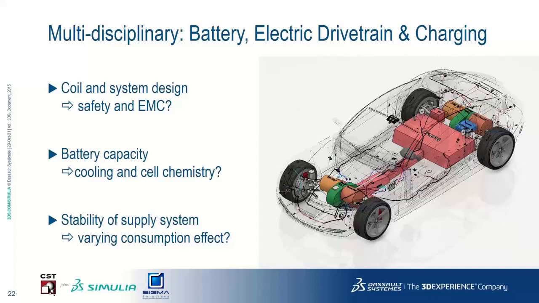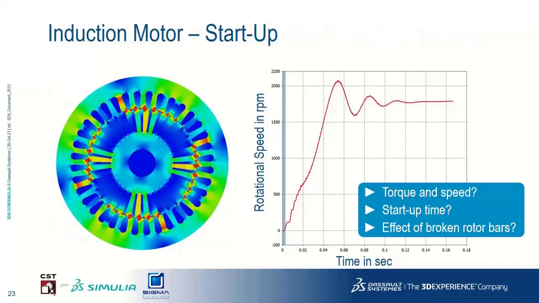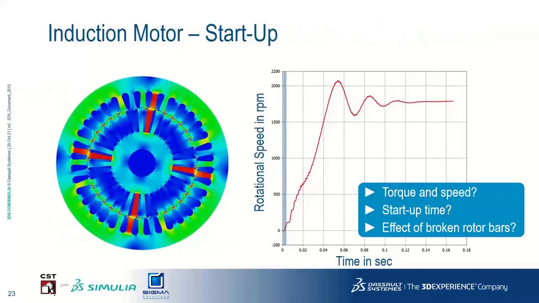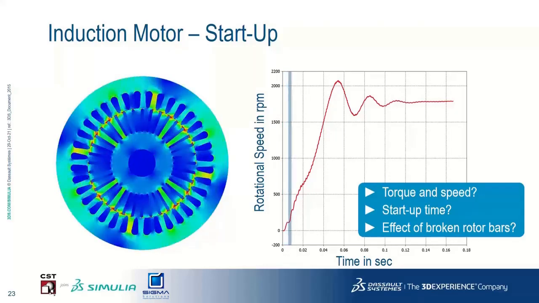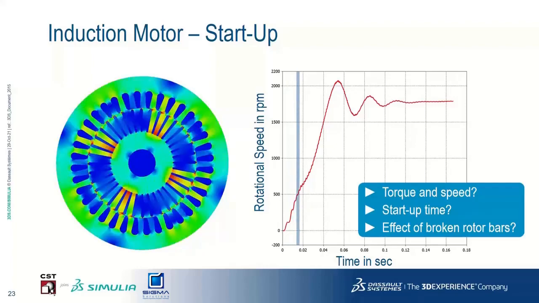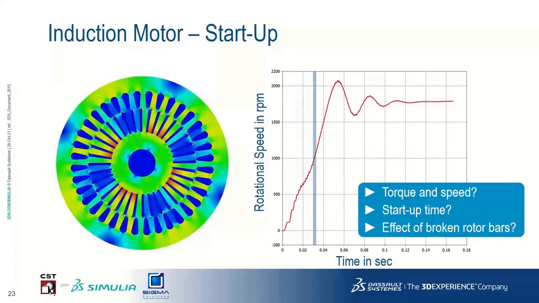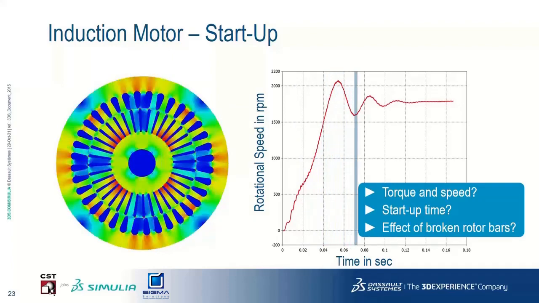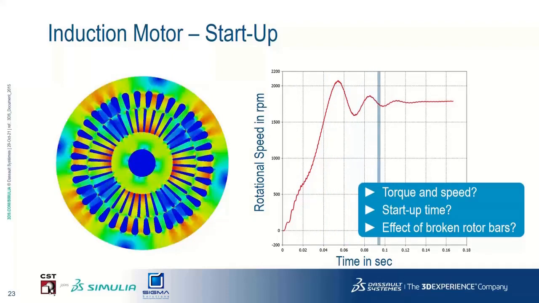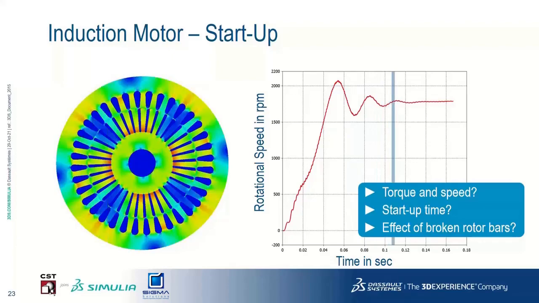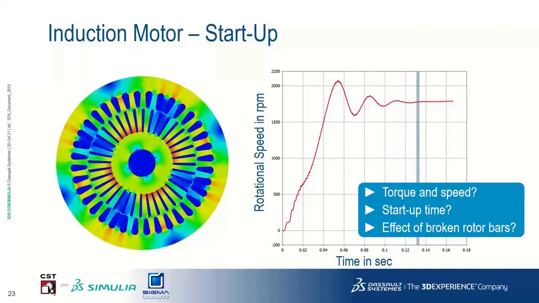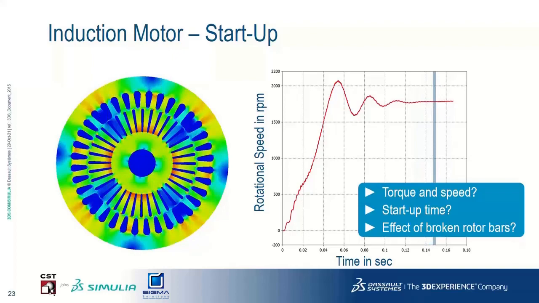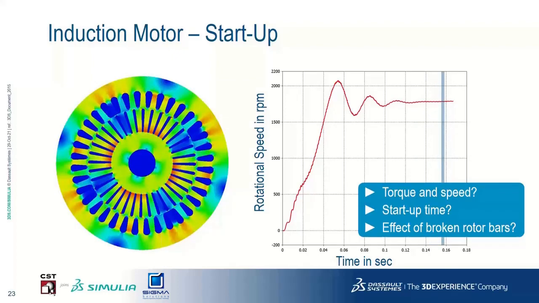Do I have a stable supply for my systems that I have in the car? Then, of course, the motor. So this one also can be very nicely simulated inside CST, and we're going to see later that the motor controller is actually one of the things that's very challenging to design for cars. That's one of the things where you would usually look at compliance issues or try to solve the compliance issues.